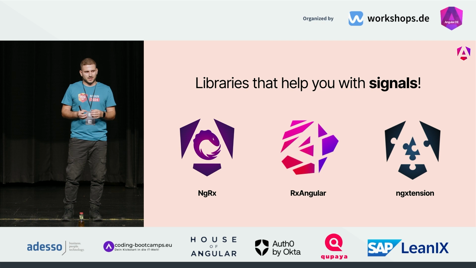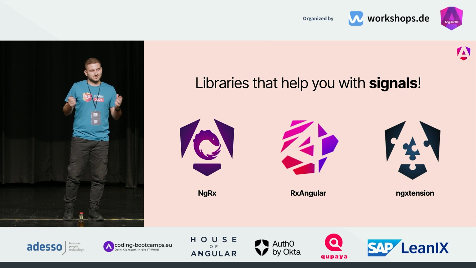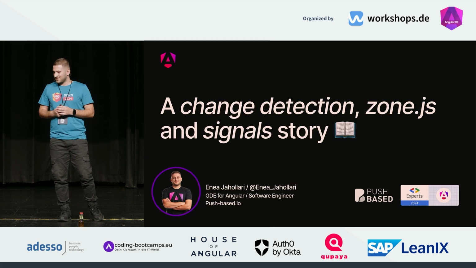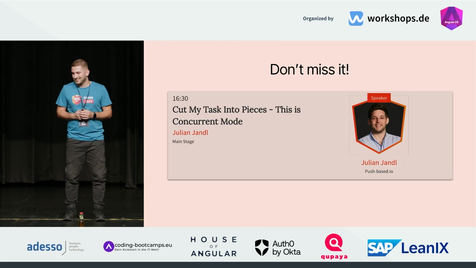So you can use it to migrate to signal inputs, signal queries, new outputs, inject migration too, but all of those probably will be deprecated because Angular will bring their own tools, which are tested at Google. So that was change detection, Zone.js, and signal story for me.